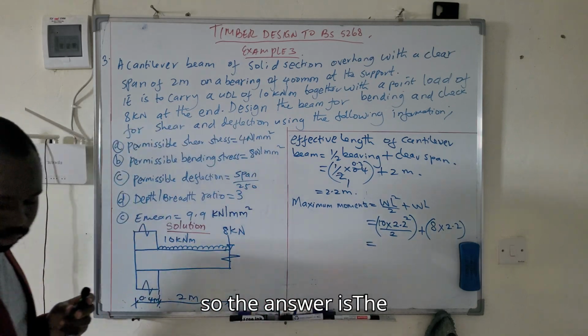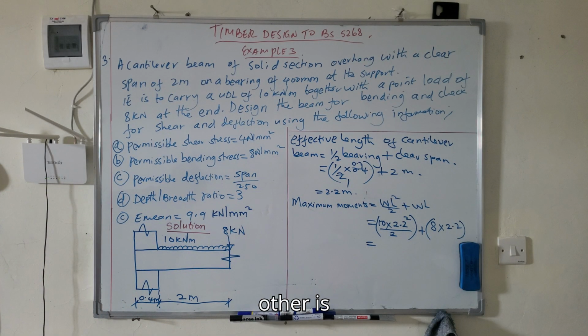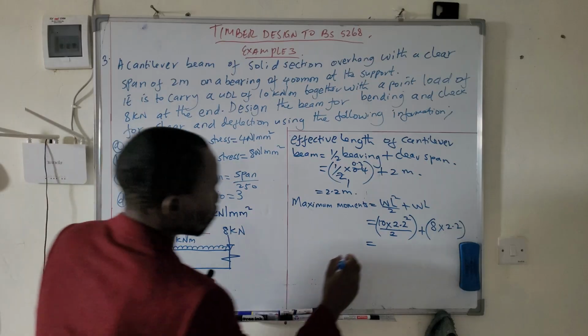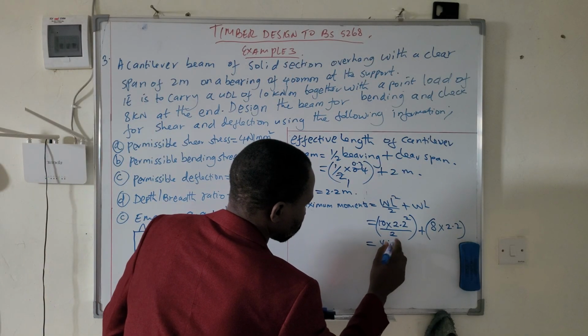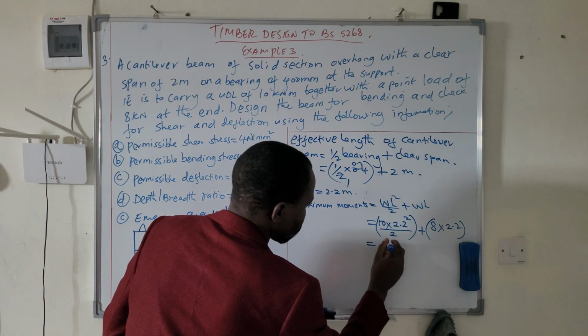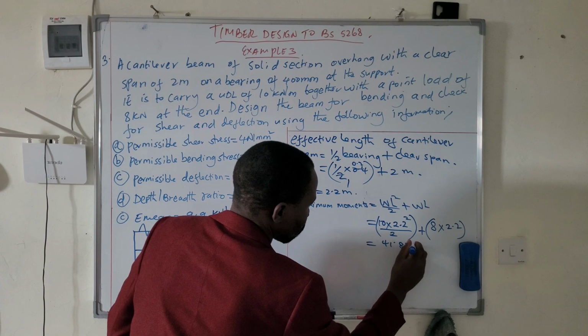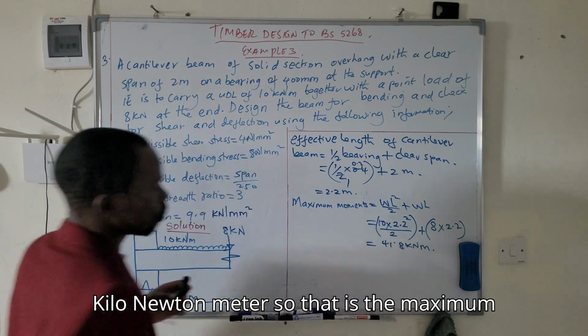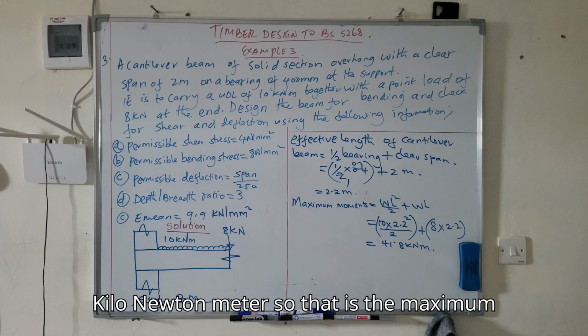So the answer is 41.8 kilonewton meter. So that is the maximum moment.